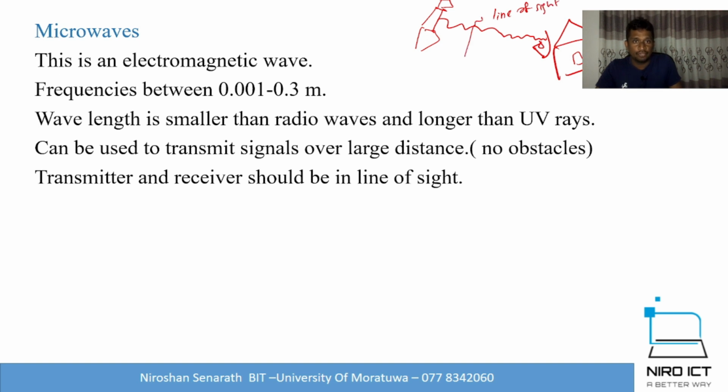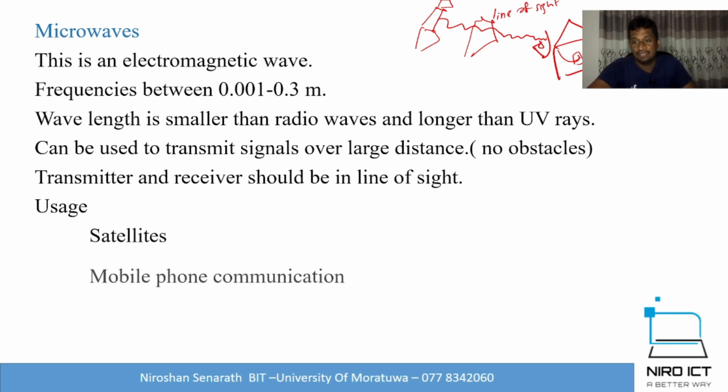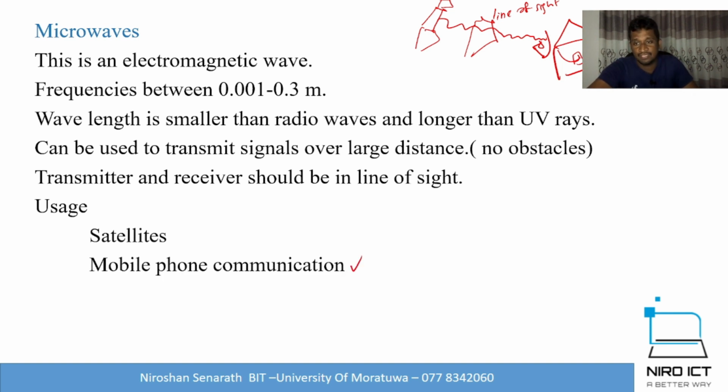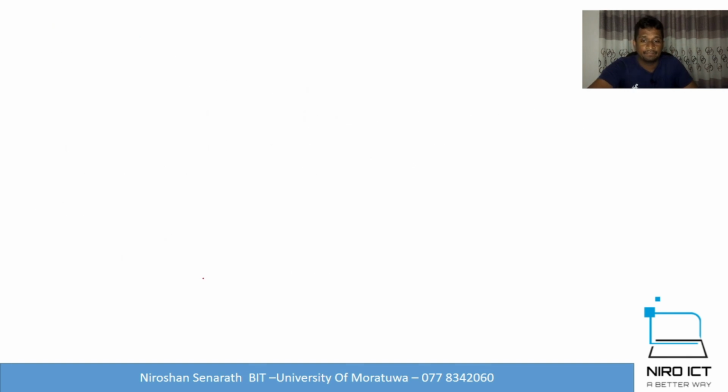If you put any barrier, then you will lose your signals, you cannot watch your television. So transmitter and receiver should be in line of sight. Then usage: satellite and mobile phone communication.